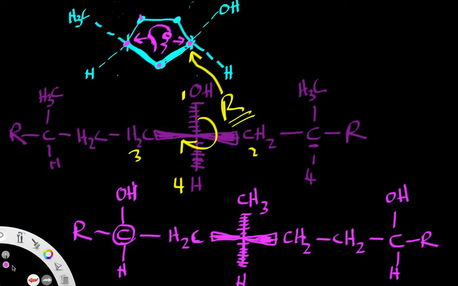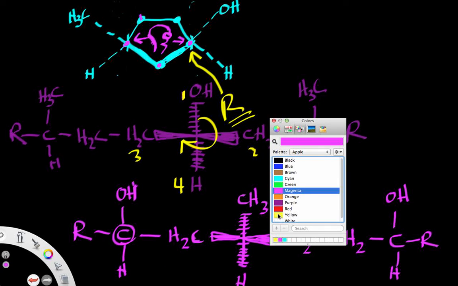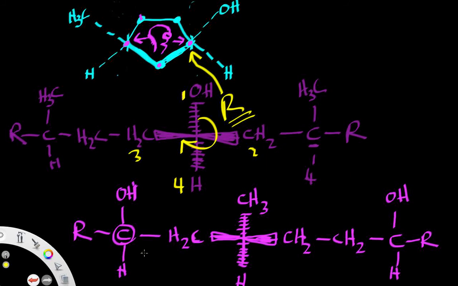So we are going to now make our assignments, and we can assign this as number 1, number 2, number 3, number 4. So we move in this direction. And so from that, we end up with an S configuration.